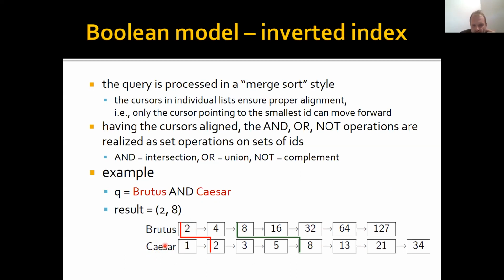In Caesar, we get the first. Caesar is true in the first document, but because we are already on position 2 in Brutus, it was 0 for the first document, so this was false. It doesn't go to the result. Next, we move from 1 to 2. We are already in 2 here, and we have true here and true here. Because we have true and true, the second document goes to the result. Next, 2, 3.